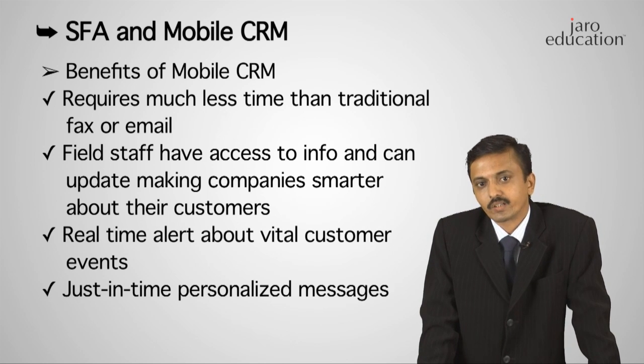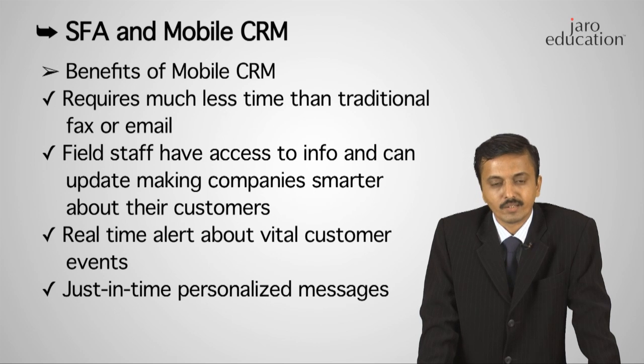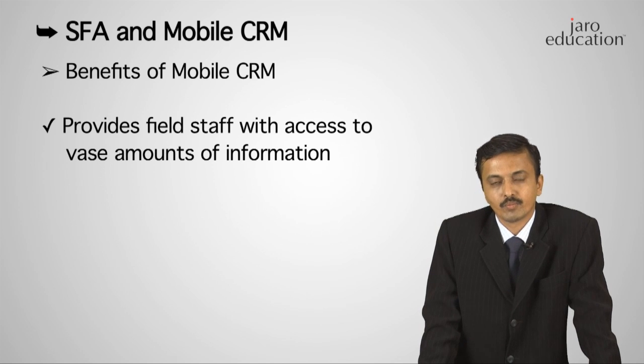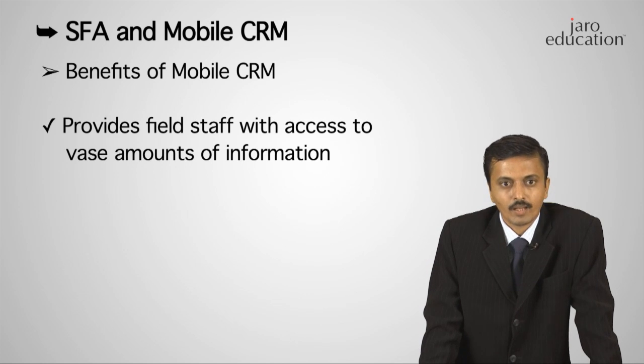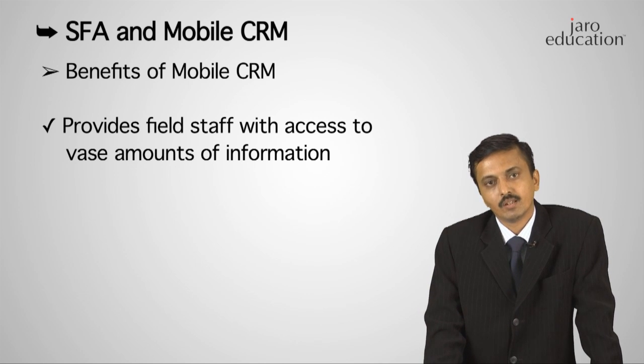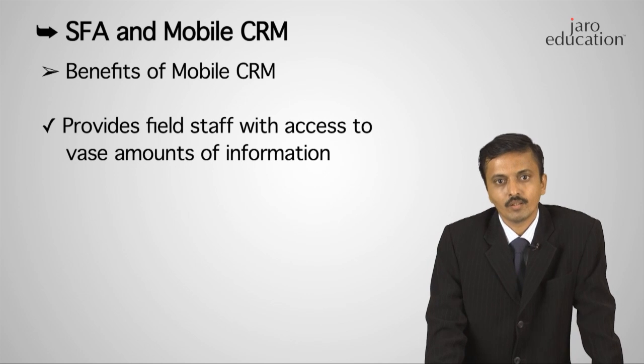Real-time alerts about vital customer events can again be undertaken. Just-in-time personalized messages via mobile device, if we use a CRM application, provide field staff with access to vast amounts of information on the mobile.